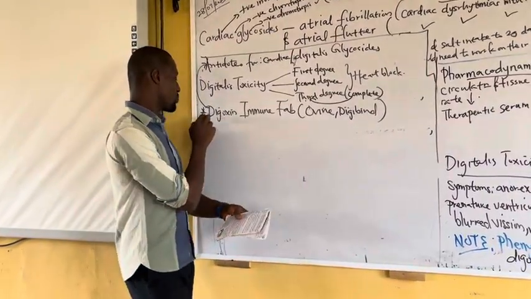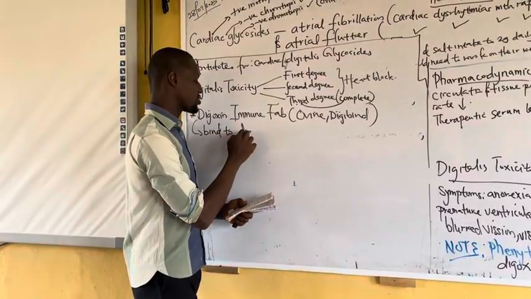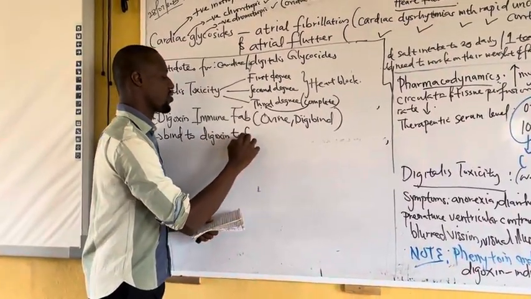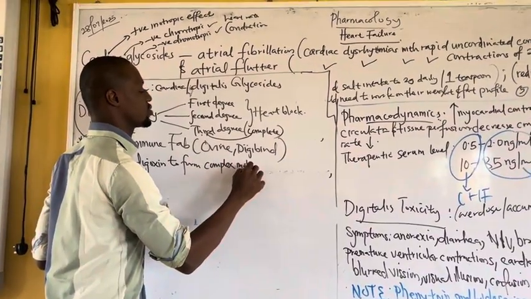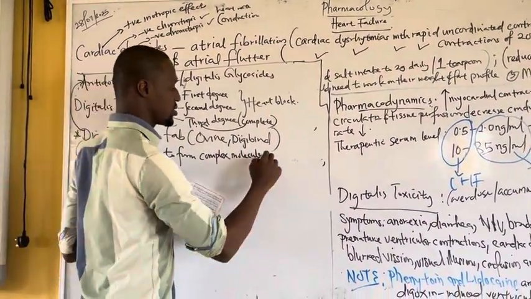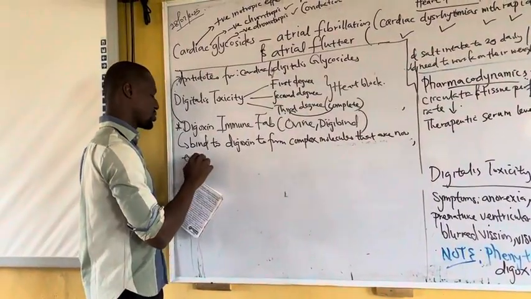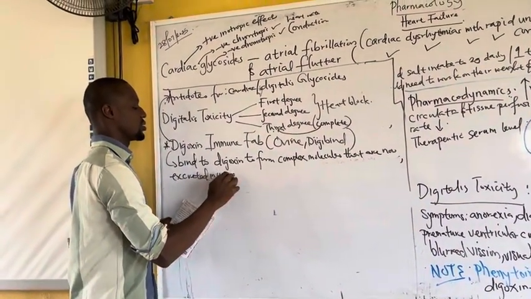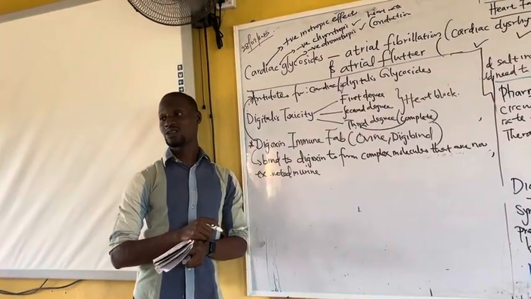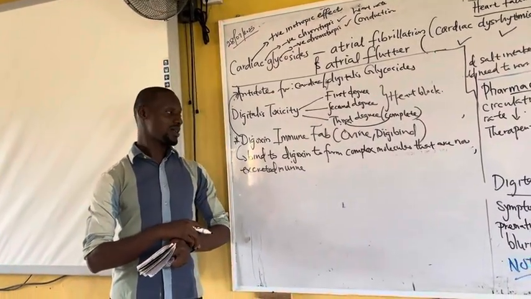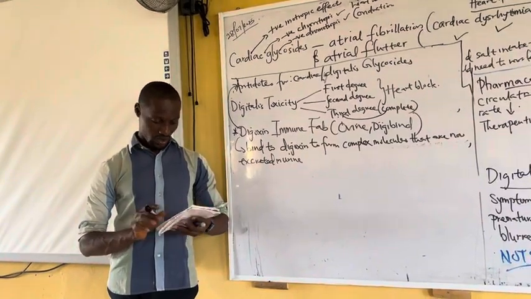So this is how it works: digoxin immune Fab, in cases of digitalis toxicity, binds to digoxin and forms complexes that are then available to be excreted.